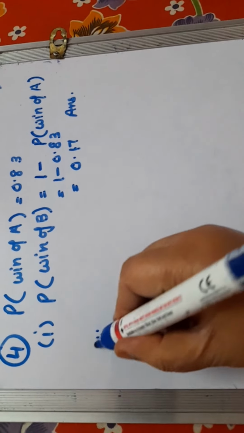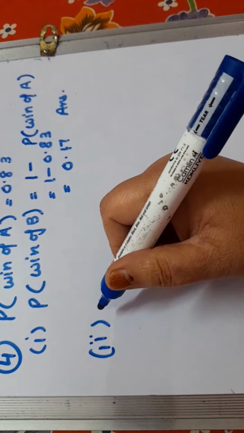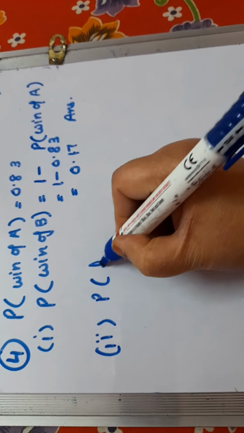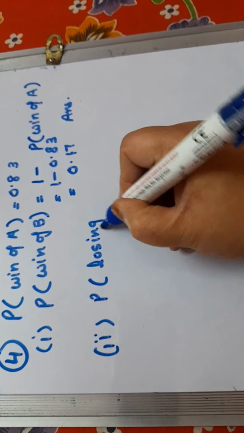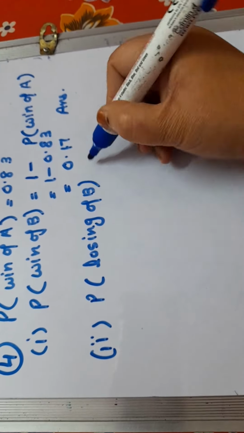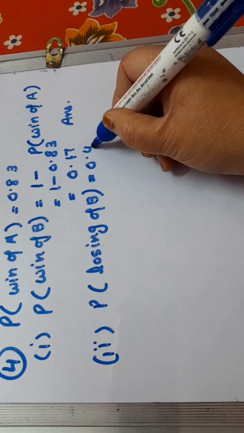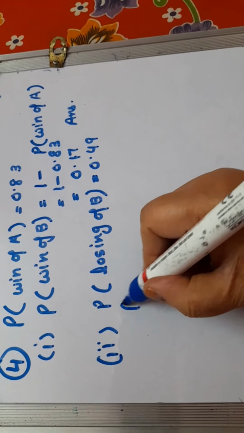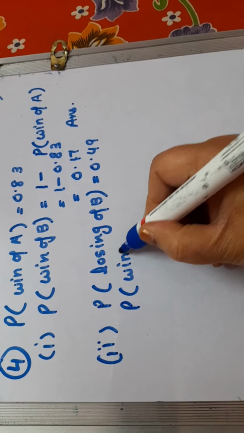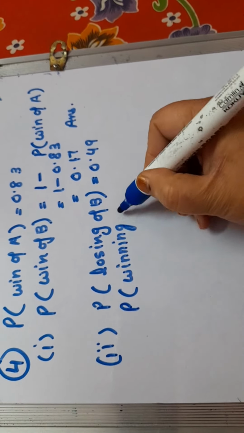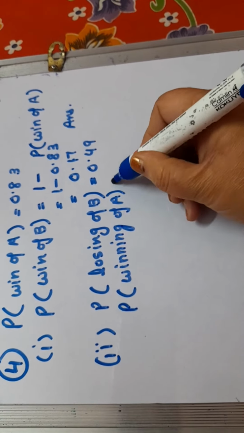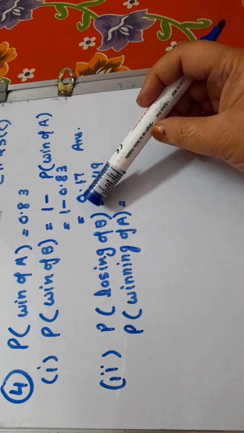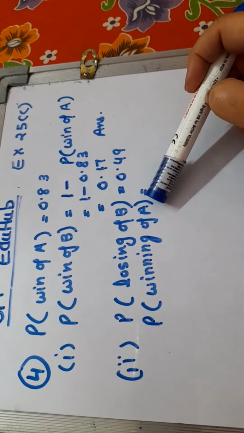Second part is the probability of losing a match is 0.49 for B. Probability of losing of B is given 0.49. And we have to find probability of winning of A. So students, if two players are playing, and if B is losing the match, it means A is winning the match.